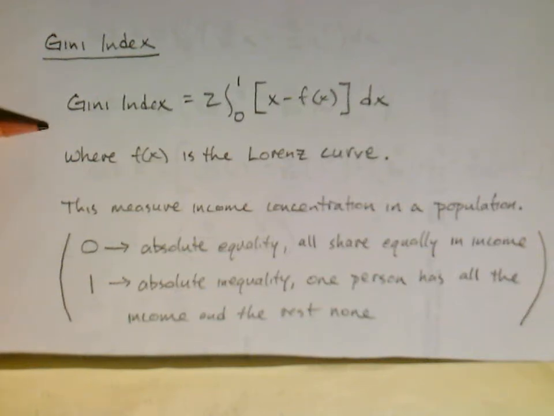But as the Gini index gets closer to 1, then there's just what we call inequality. So absolute inequality, if you get all the way to 1, that means that one person has all the income and everybody else has nothing. So that really doesn't happen.